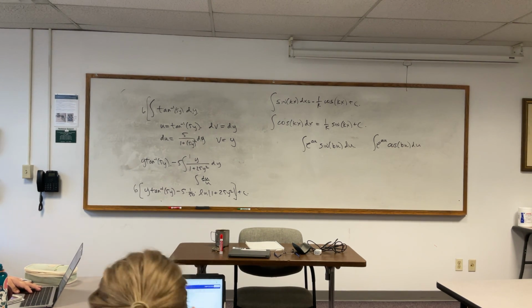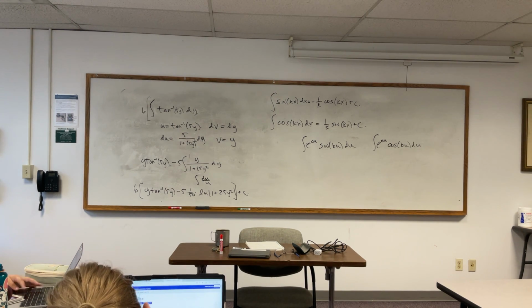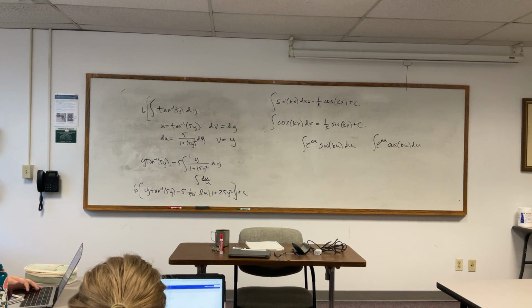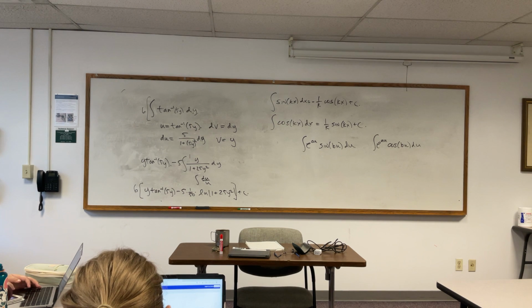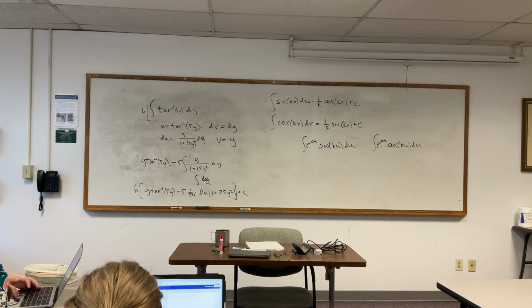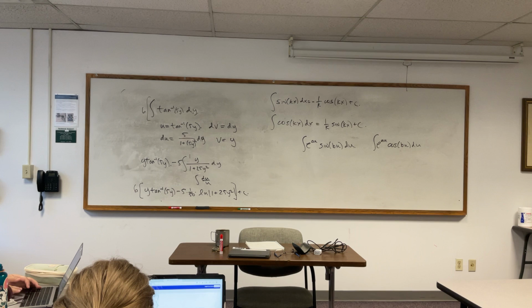And then I'm going to let u equal 3y. So then du is 3 dy, so I have to change this: dy is 1/3 du. I replace that with 1/3 du. This becomes arctan of u, and then I have the 6 out in front. So in the end, it becomes integral 6 arctan u du, and then that 1/3 comes out in front like that. Does that make sense?